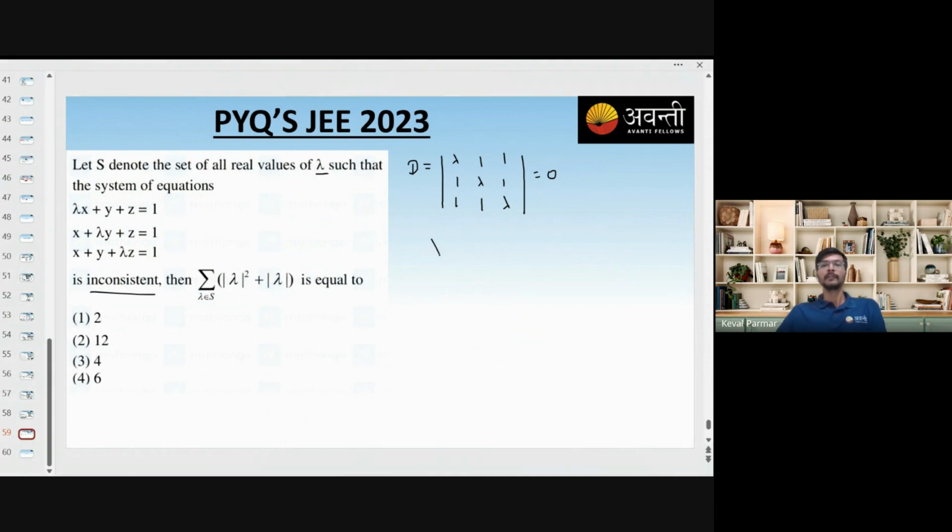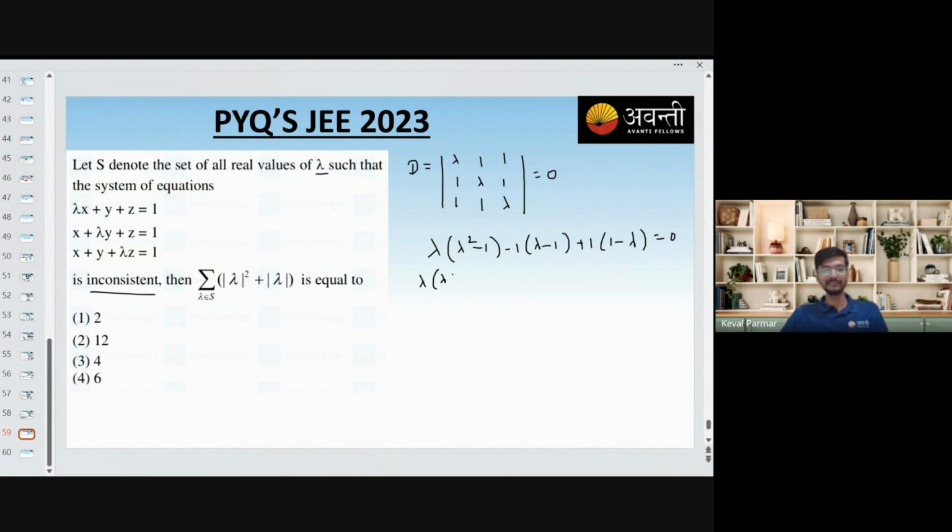So we'll get lambda into lambda square minus 1, minus 1 into lambda minus 1, plus 1 into 1 minus lambda, equal to 0. So this will be lambda into, don't open the bracket, it is already factorized.